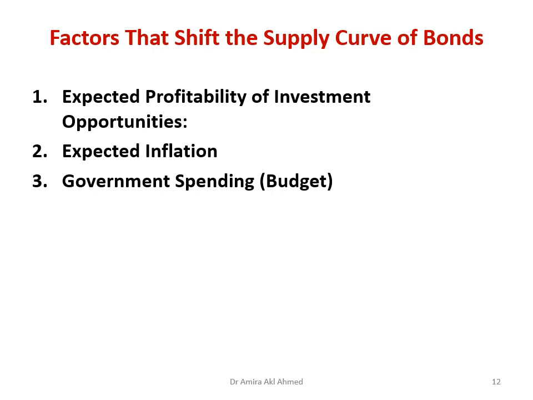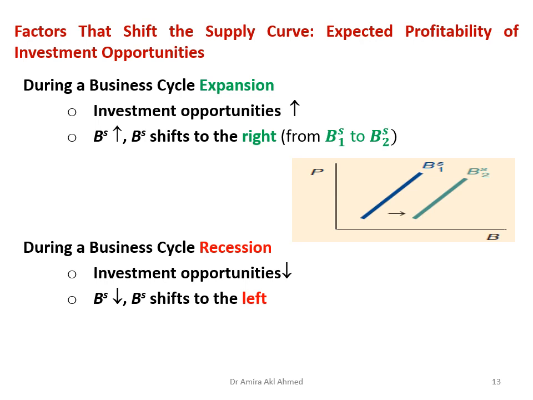There are some factors that can cause the supply curve for bonds to shift. Among them are expected profitability of investment opportunities, expected inflation, and government spending. Let's briefly discuss these factors in the next slides. Firms are willing to borrow to finance investments if these investments are expected to be profitable. Expected profitability of investment opportunities is high during a business cycle expansion.